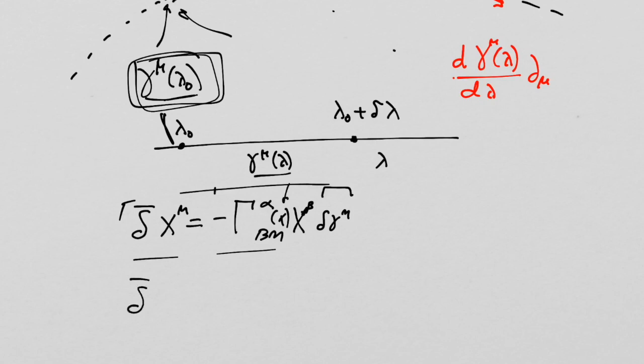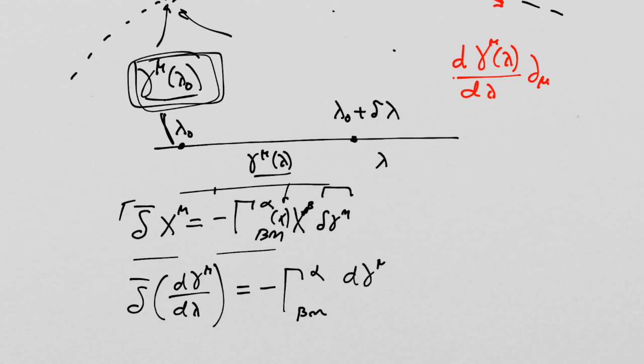We'll write d gamma alpha d lambda equals minus gamma alpha beta nu, d gamma beta d lambda, delta gamma nu, like that, eta.